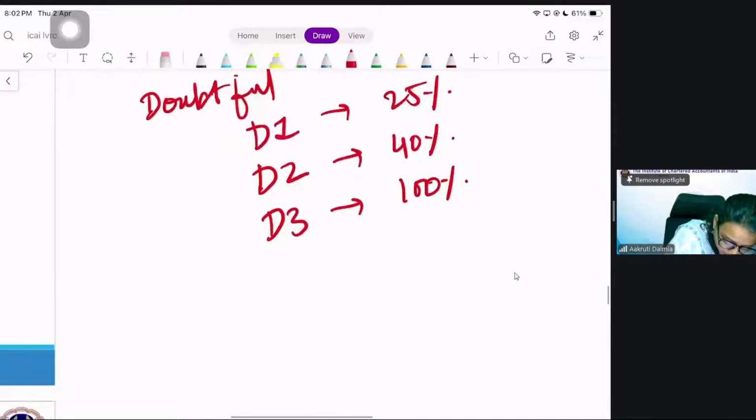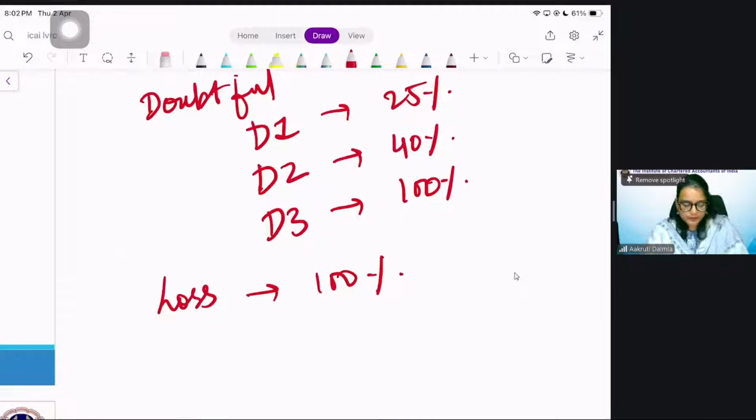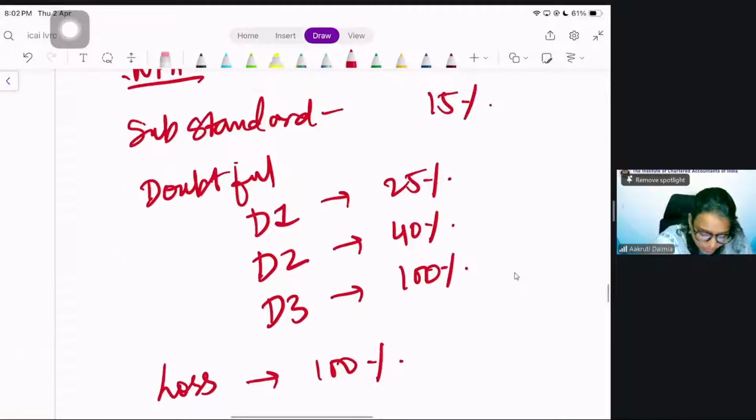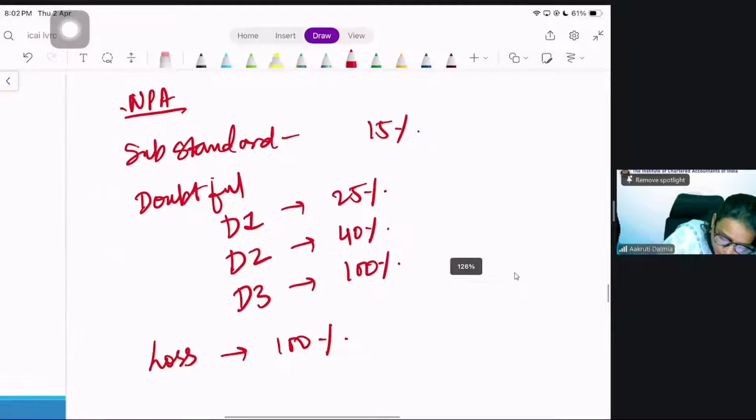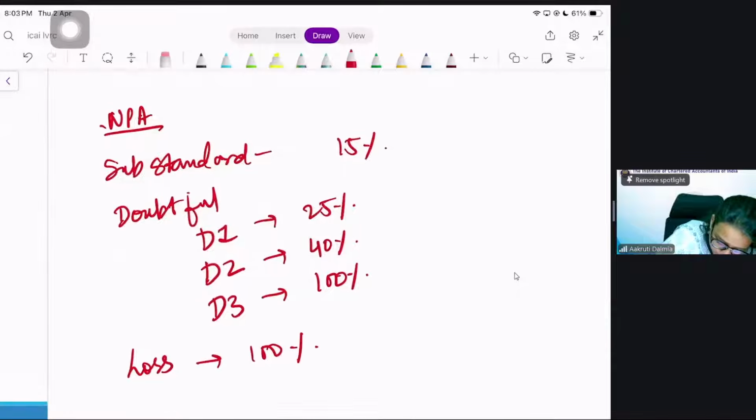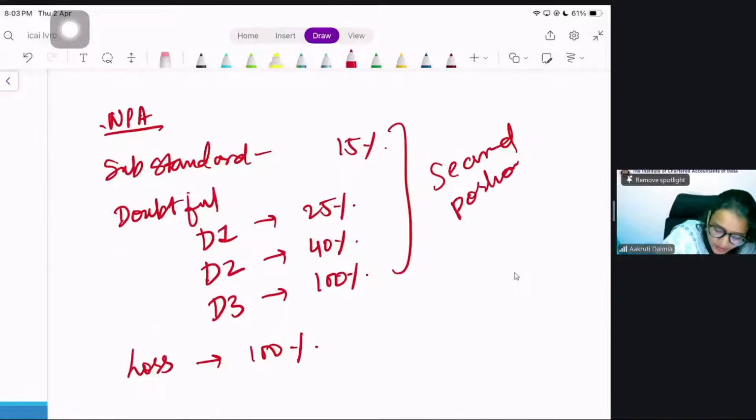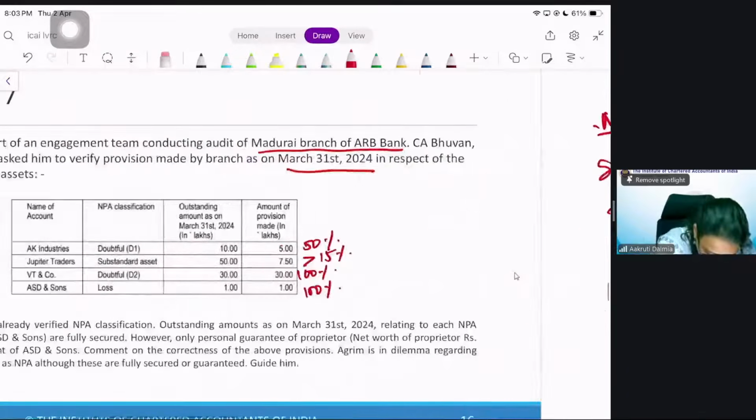And loss is 100%. Okay. So, this is for the secured portion. If it is unsecured, it will directly be 100%. Okay. अब देखते हैं कि इस केस में क्या हुआ है.